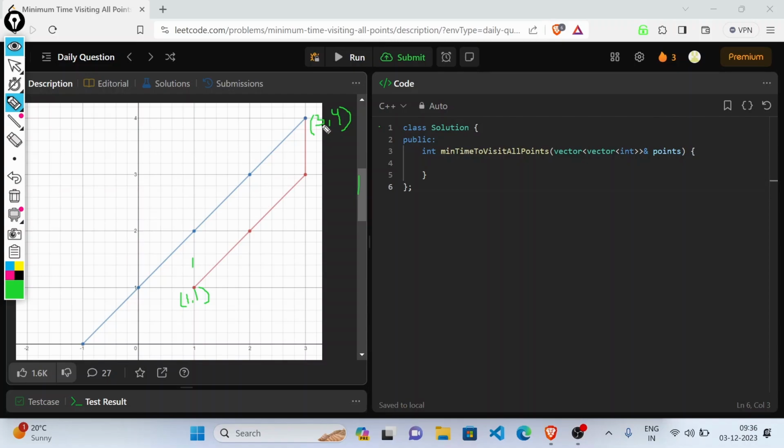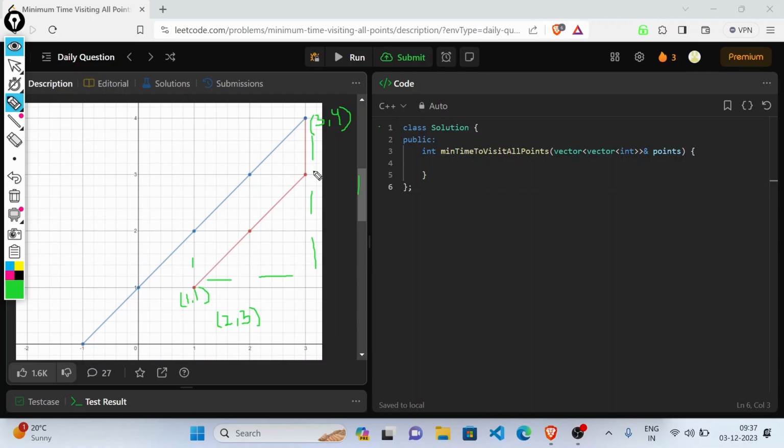So here the Manhattan distance will be 3 minus 1, which is 2, and 4 minus 1, which is 3. So 2 plus 3, the Manhattan distance is 5. It means 1, 2, 3, 4, 5 moves to reach the point 3 comma 4. But the Manhattan distance is counted along the x and y axes only.